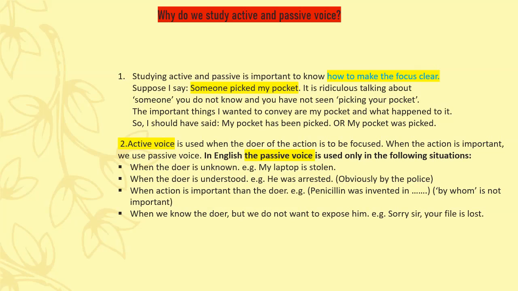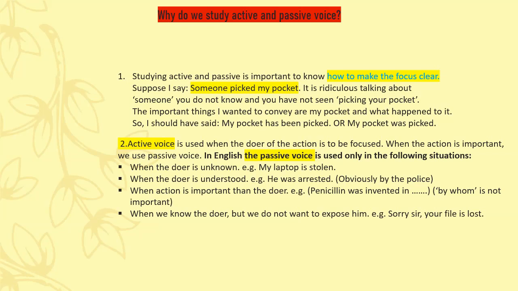In English, the passive voice is used only in the following situations, and I've given you the situations over here. It means where we want to focus upon what is prominent, whether we want the doer or the receiver of the action to be very clear and to be notified. So let's see.